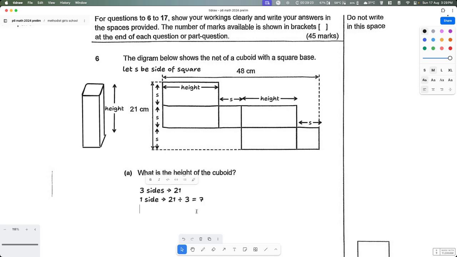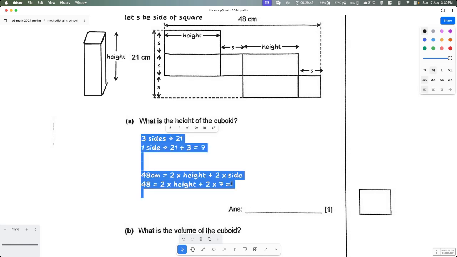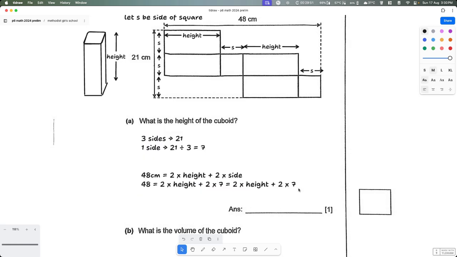So that means 48 centimeters is equal to 2 times height plus 2 times sides. So 48 is equal to 2 times height plus 2 times 7, which is 2 times height plus 14.